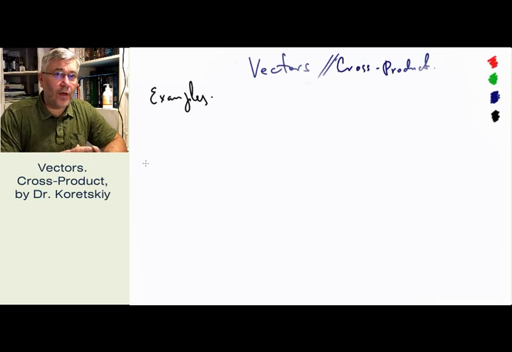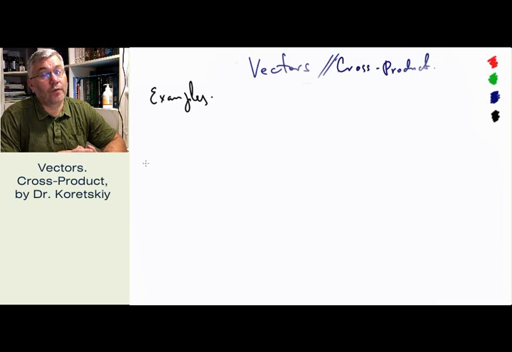So if you have to find something perpendicular to some objects, for example, a straight line perpendicular to a plane, or you have two vectors and you want to find a third one which is perpendicular to both of them, the best way is to use the cross product or vector product. Some people say this operation, especially in Russian, vector product.